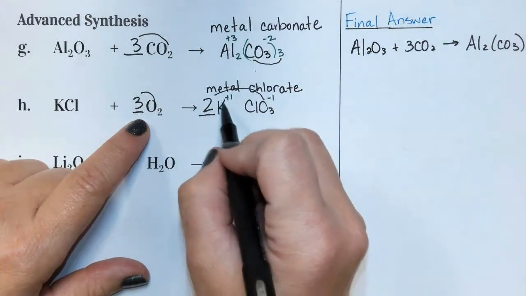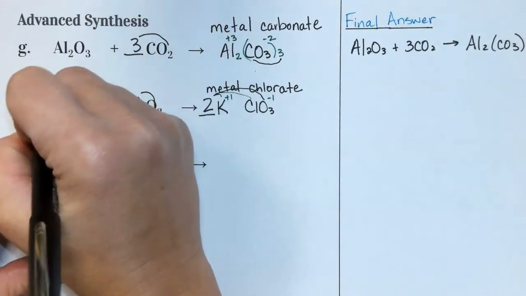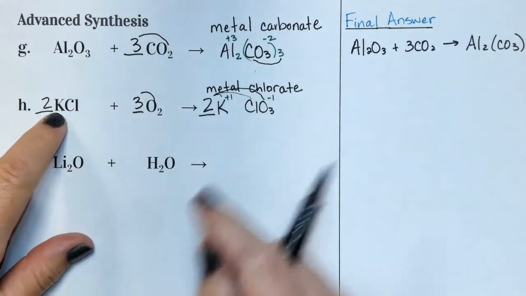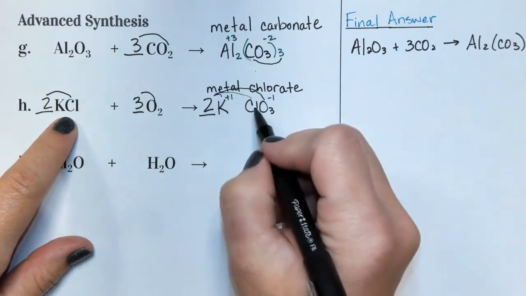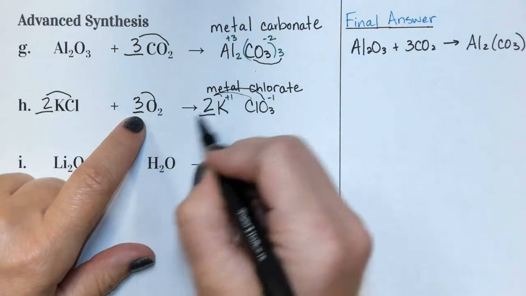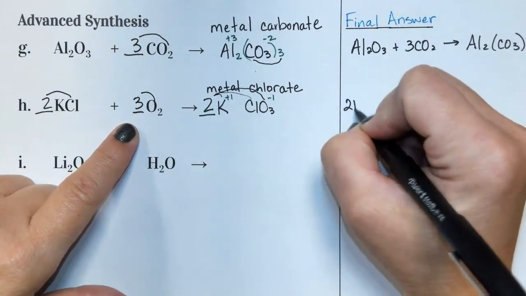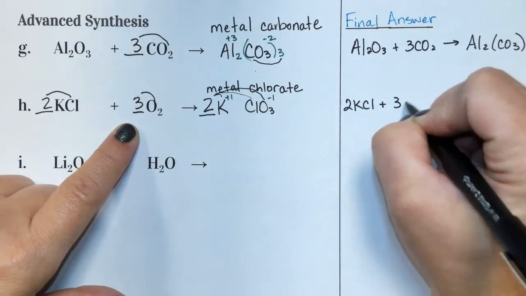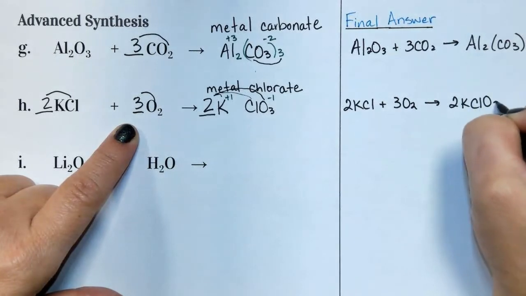Notice this has modified our potassium and our chloride. We have 2 of those on the right, so we'll need a coefficient of 2 here. 2 potassium, 2 potassium, 2 chlorides, 2 chlorides. 3 times 2 is 6 oxygen, 2 times 3 is 6 oxygen. Final answer is going to be 2 potassium chlorides plus 3 oxygens yield 2 potassium chlorates.